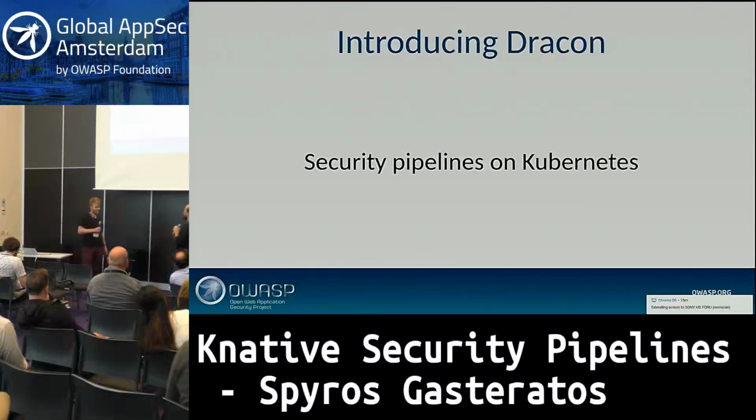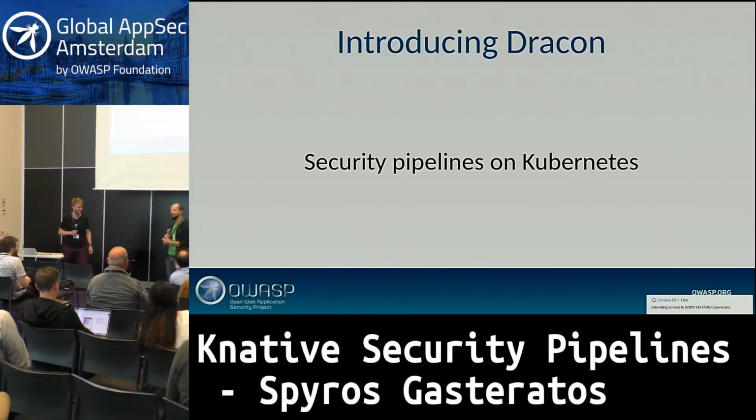So yeah, we wrote Dracon. So Dracon, you can explain that. You're Greek. You can explain where the name comes from. Fair enough. So Kubernetes has this affinity for Greek names. We don't know why. Somebody in Google must be Greek or must like Greek. And our manager definitely likes it.